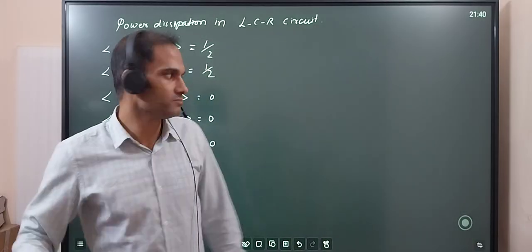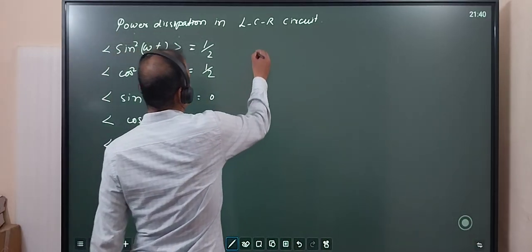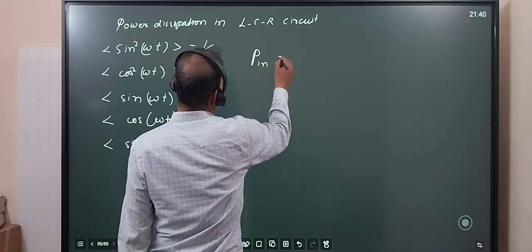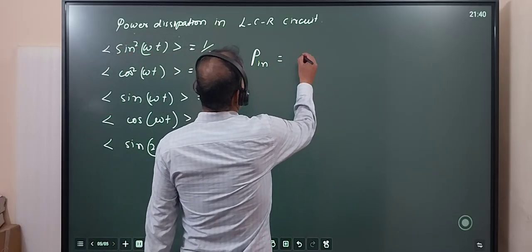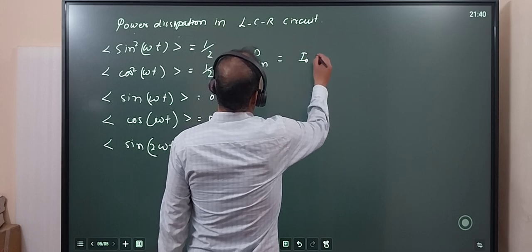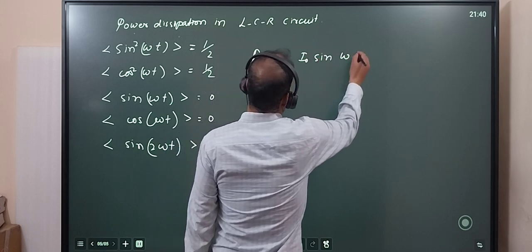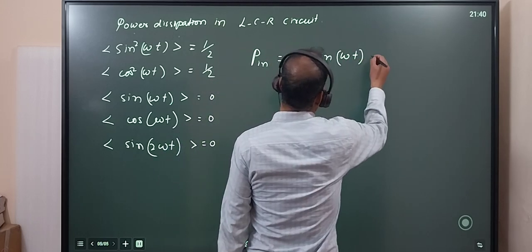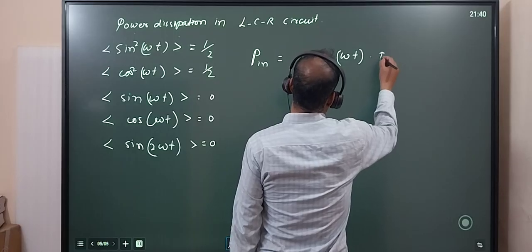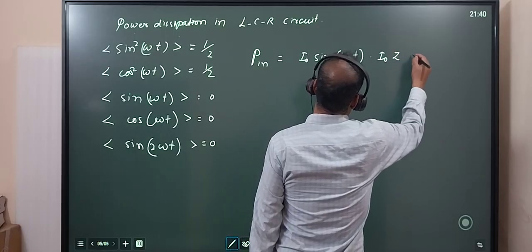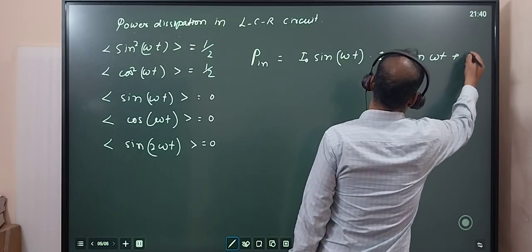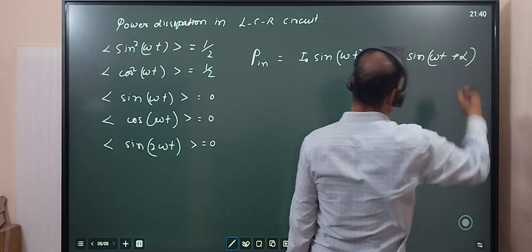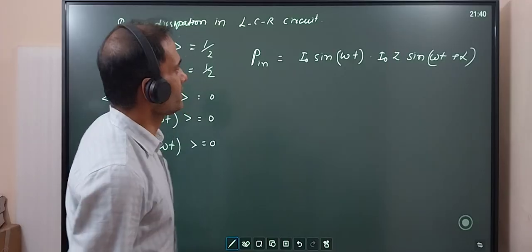Now power, instantaneous power. For instantaneous power I will write I naught sine omega t into I naught Z sine (omega t plus alpha). This is what I am going to write.